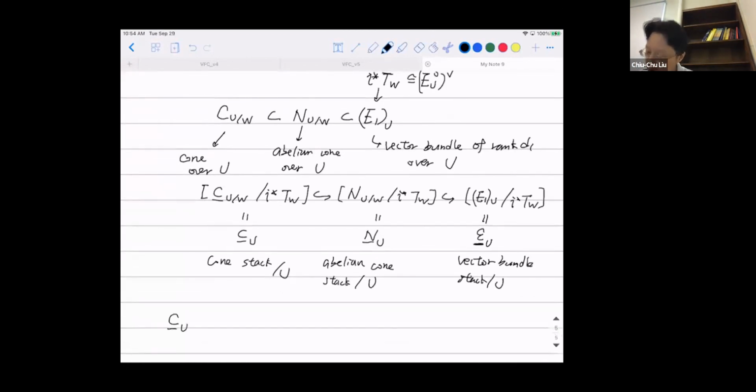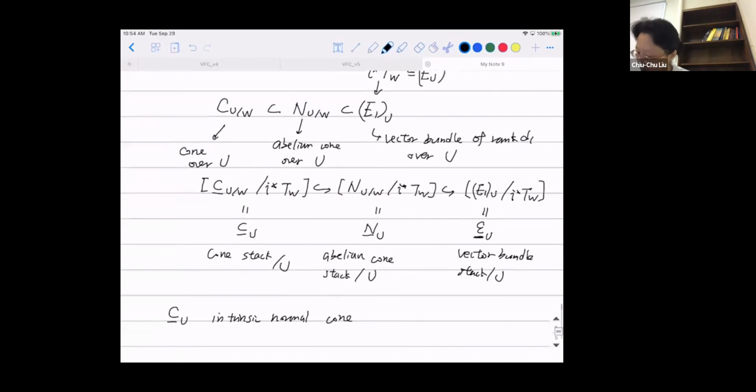So C underline U is called the intrinsic normal cone, because after you quotient, it doesn't depend on the closed embedding. It doesn't depend on the choice of W and the closed embedding I. It's actually intrinsic, and it's pure dimension 0.